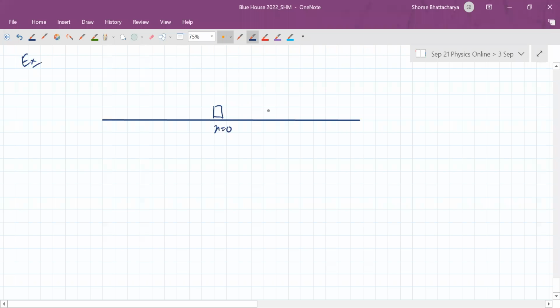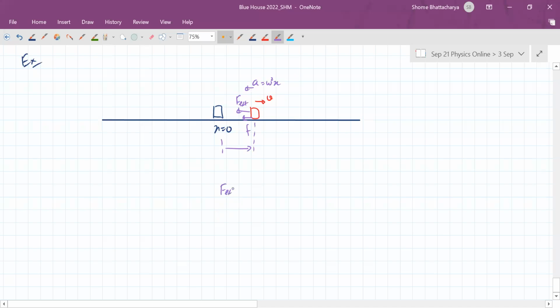So if this is my x equal to 0 mean position, when the block is going away from the mean position, if this is a rough surface, there'll be spring force, there'll be friction in this direction, and there has to be external force in this direction, so that the net force is like this.